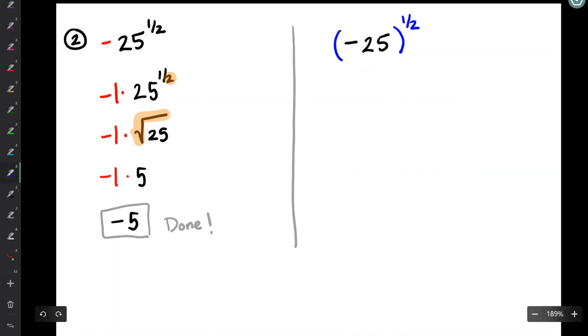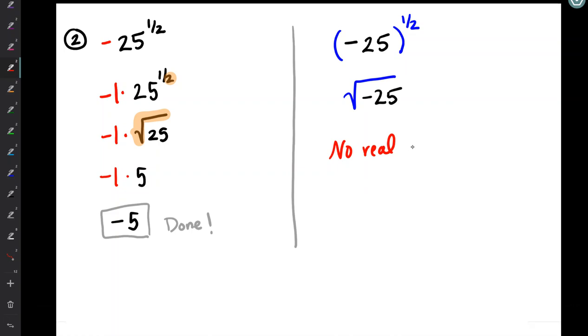And we've just learned that the 1/2 power is notation for square root. And this is now asking me what number times itself is -25, and there isn't a real number. We will learn about another number system where there's an answer to this, but for now, there are no real numbers that satisfy this.